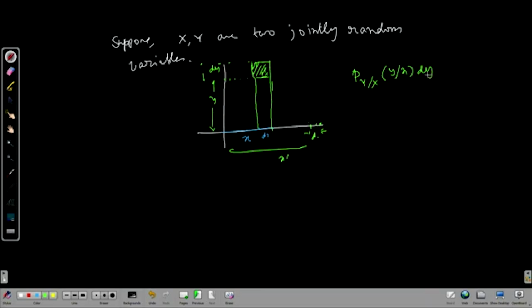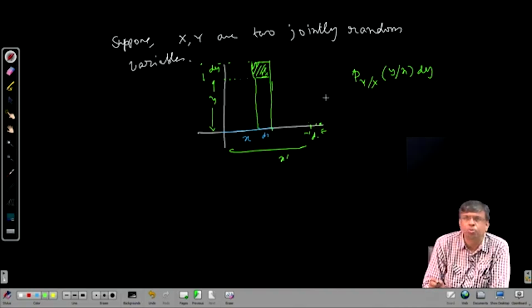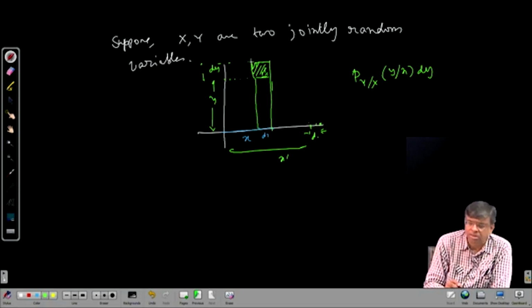This will always be the same in both the locations as long as dy is fixed. So, the chance of capital Y falling from small y to y plus dy will be independent of capital X, because physically there is no relation between them. There is no meaning to the statement that I am constraining capital X to lie from here to here and then measuring y, and the chance of capital Y falling from small y to y plus dy is this much, but that will be independent of where capital X is.